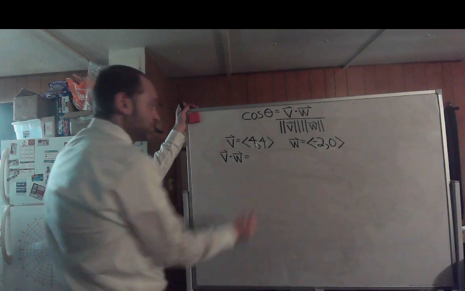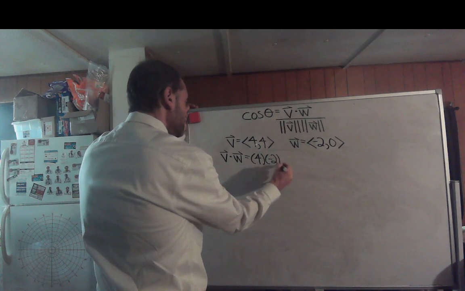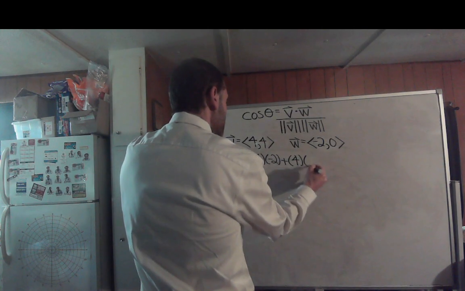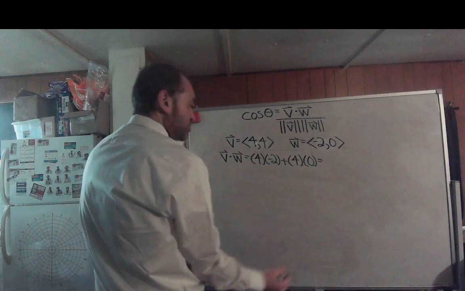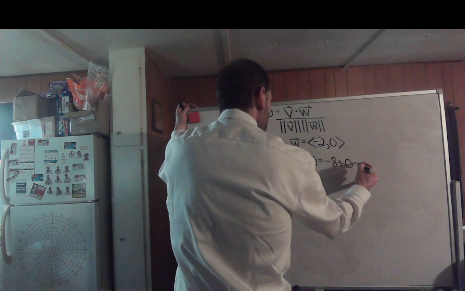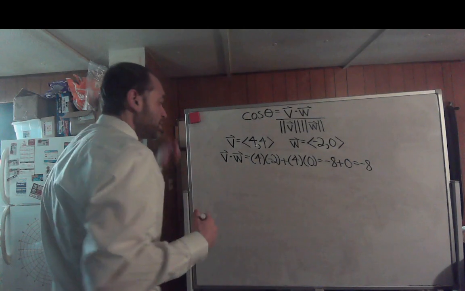What does that equal? That's going to be 4 times negative 2 plus 4 times 0, which would give you negative 8 plus 0, which would end up being negative 8. So the dot product of the two vectors is negative 8.